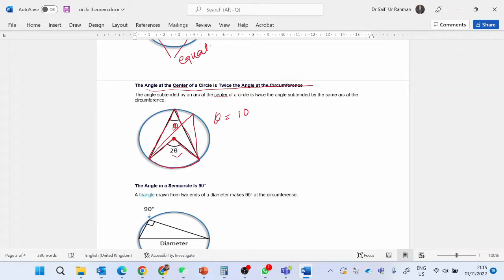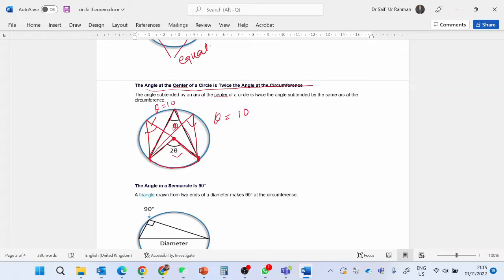It can be anywhere on this circumference, but the condition is that both the ends should touch at the same arc. So this angle can also be 20, or it can be here. This angle can also be 10.